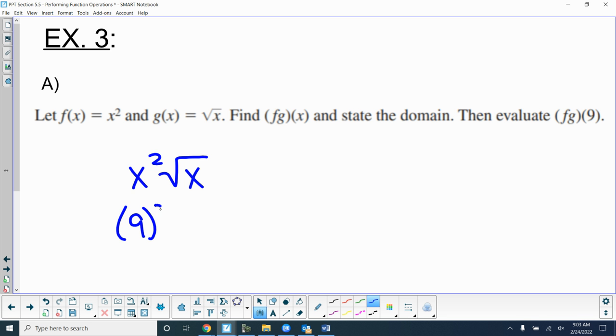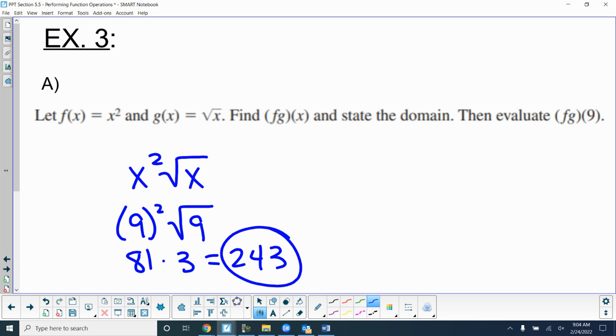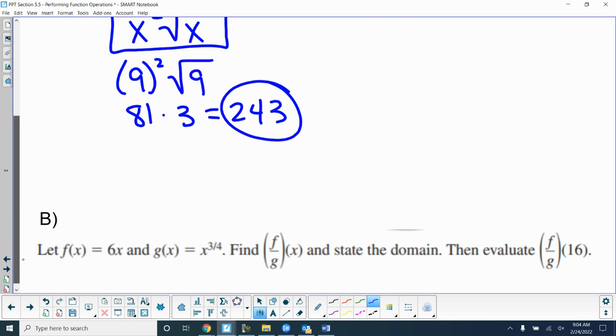So 9 squared times the square root of 9. What's 9 squared? 81. What's the square root of 9? 3. Is that 243? All right? So there's two answers, right, to this type of problem.